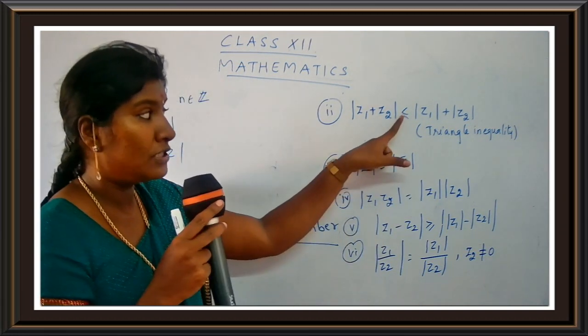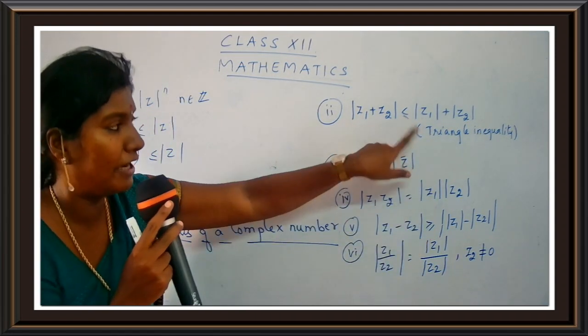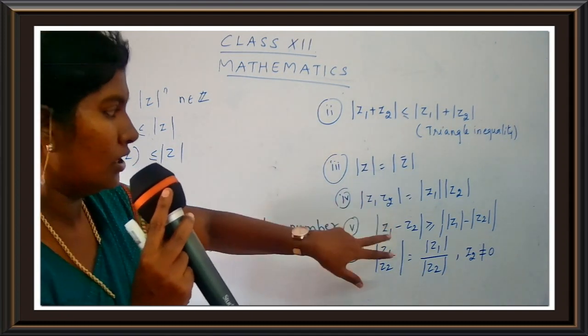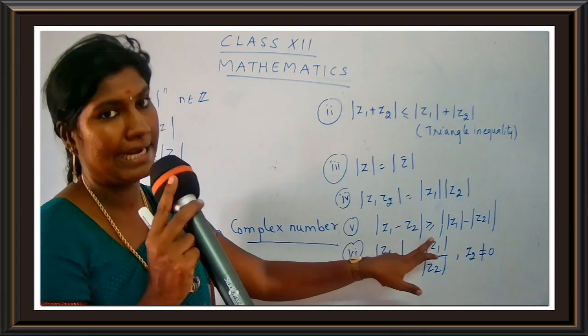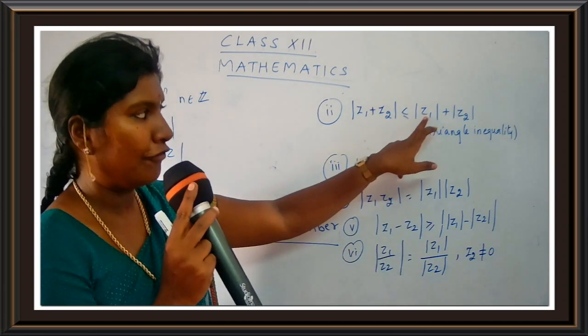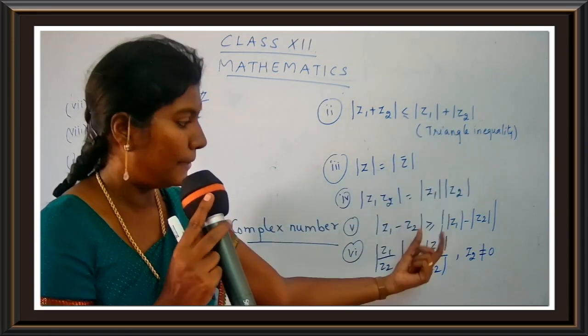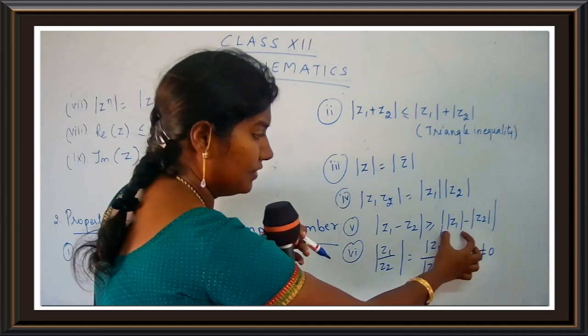Be careful whenever you study the properties, compare them so that it will be easy. For addition it is less than or equal to, for subtraction it is greater than or equal to. Here we have written the modulus separately as modulus Z1 plus modulus Z2. But here, you write modulus of Z1 minus modulus of Z2, and again you put it in a modulus.